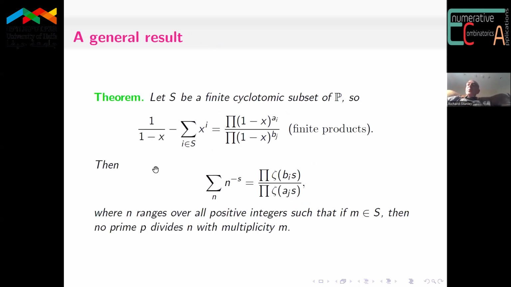In general, with these Dirichlet series, if we take our cyclotomic set and write this sum as this finite product, which is equivalent to being cyclotomic, then the generating function for all n such that, in the prime power factorization, no prime power appears with multiplicity m in S, is exactly this finite zeta function product.